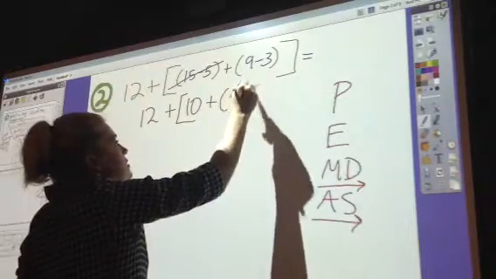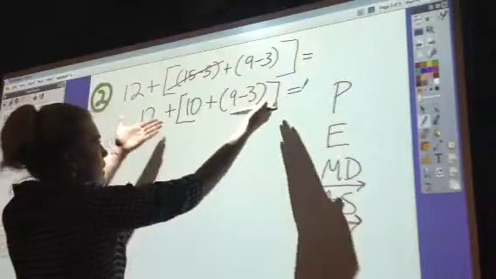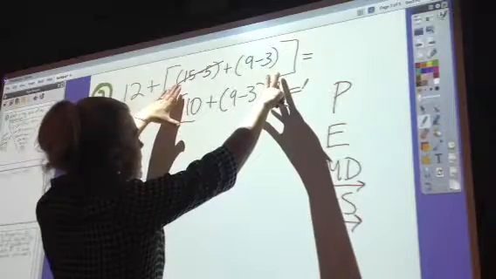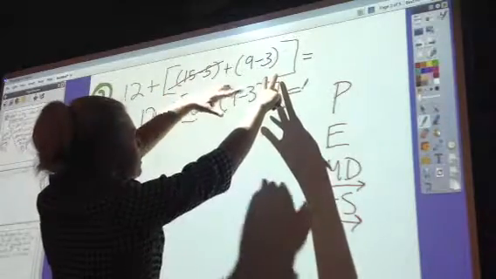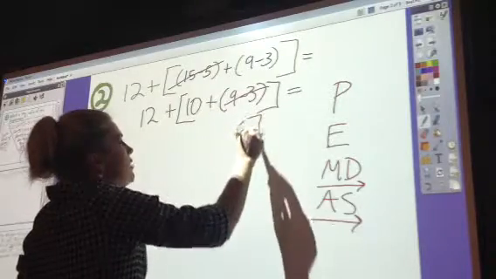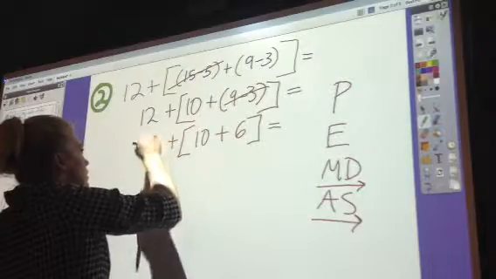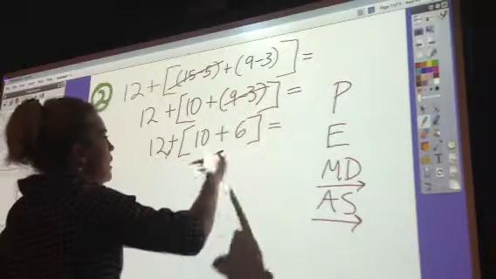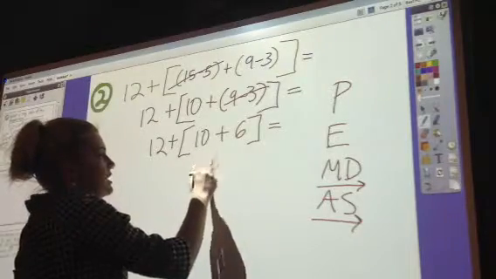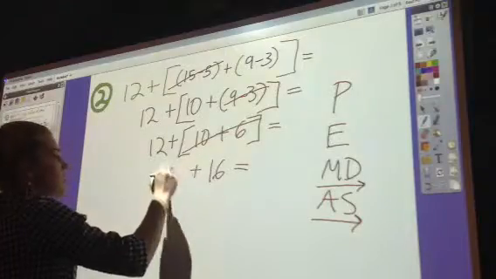Still with the brackets, I would do the parentheses first. Here we go. 9 minus 3 is 6. Crossing that off, bringing everything else down. Still with a grouping symbol, I'm going to take care of the 10 plus 6, that's 16. Crossing that off, bringing everything else down.